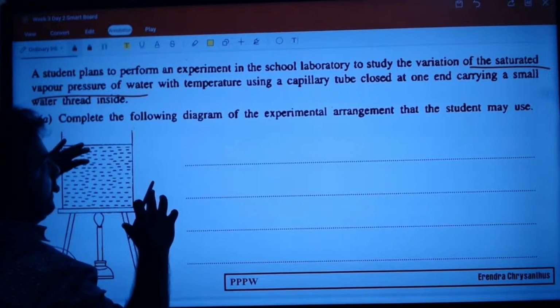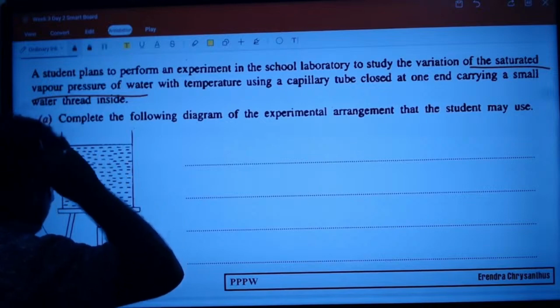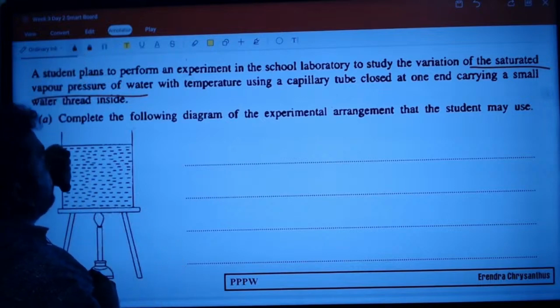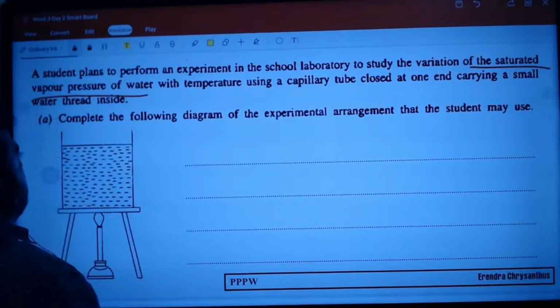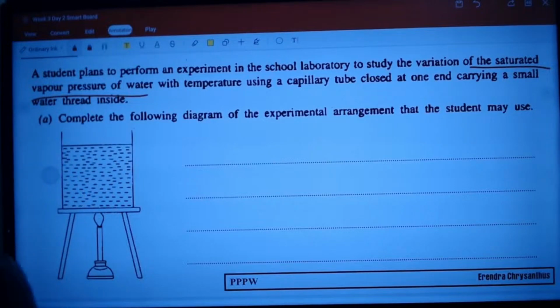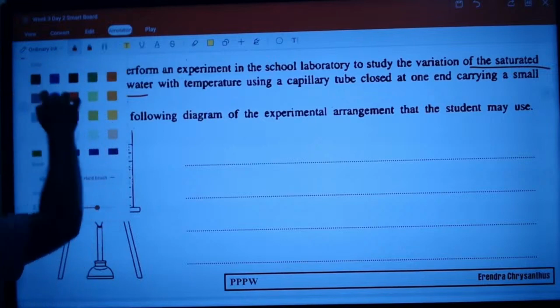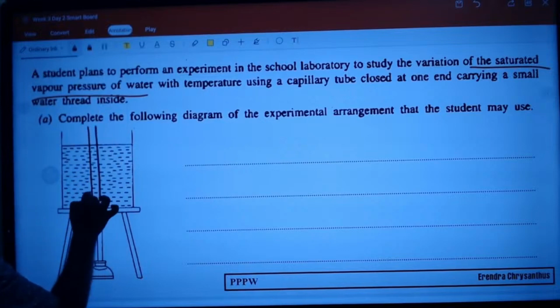You are trying to find the saturated pressure. So trying to find pressure means we can trap a mercury column inside.